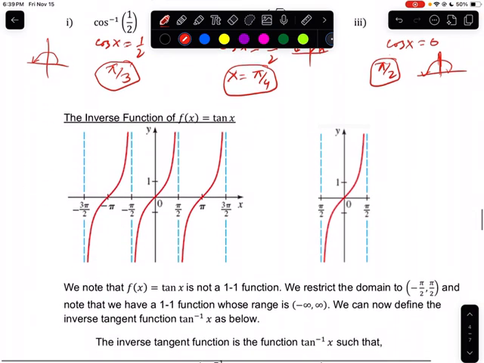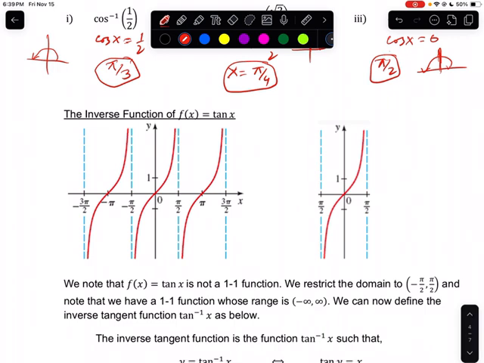So again, the same issue, failing the horizontal line test, not 1-to-1. So restrict the domain. So what is the obvious restriction? Pick the middle one. So again, our domain is restricted between negative pi over 2 and pi over 2. But now range is infinite.